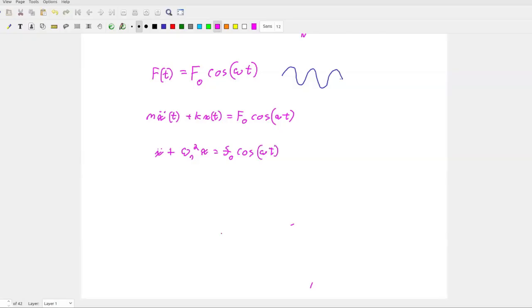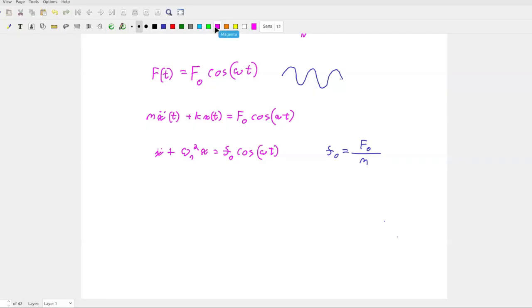So the lowercase f naught is different than my capital F naught, but this can simply be written as, lowercase f naught is equal to capital F naught over m, my mass normalized amplitude of my forcing function.